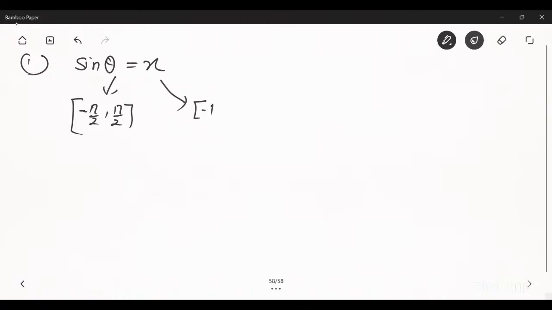Now let us suppose sine theta is equal to x. The domain of sine theta belongs to minus pi by 2 to pi by 2, and the range of sine theta belongs to minus 1 to 1.